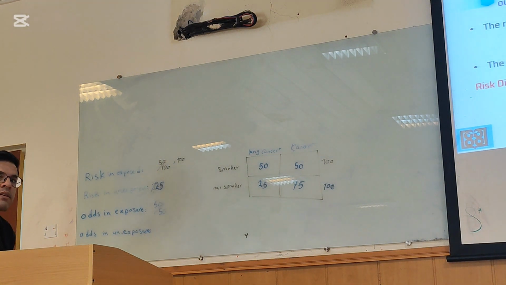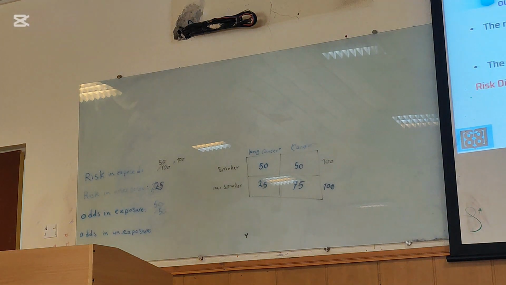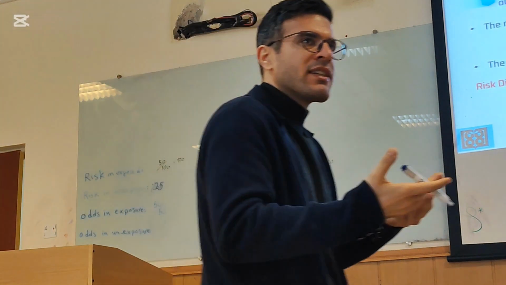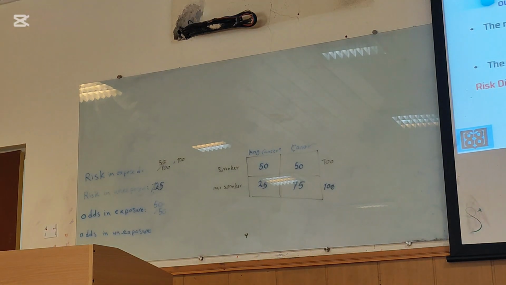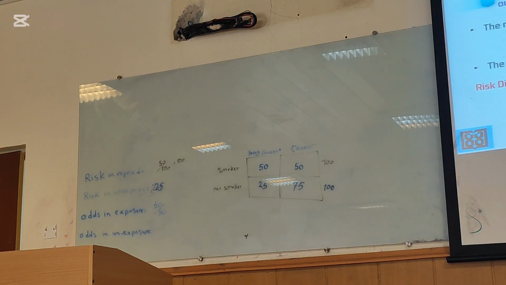So does this mean that if you smoke, you will definitely get lung cancer? Like this is what the odds say? It means the probability of contracting cancer is equal to not contracting cancer in a smoker.